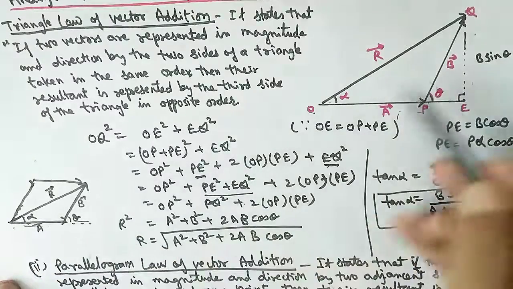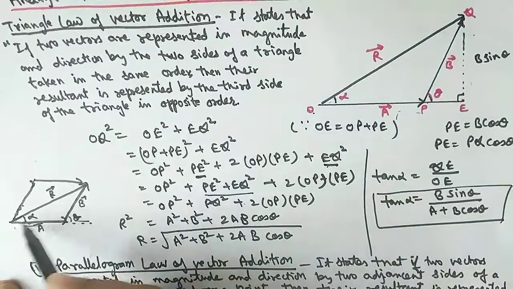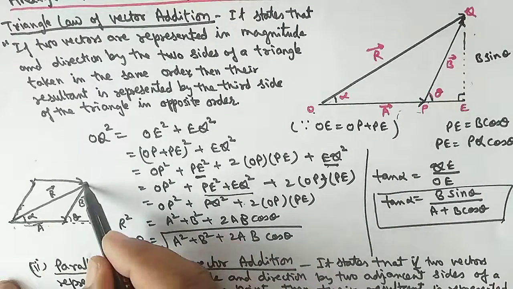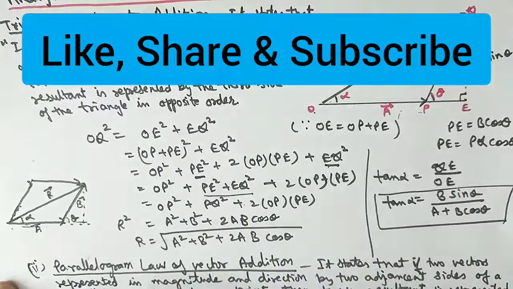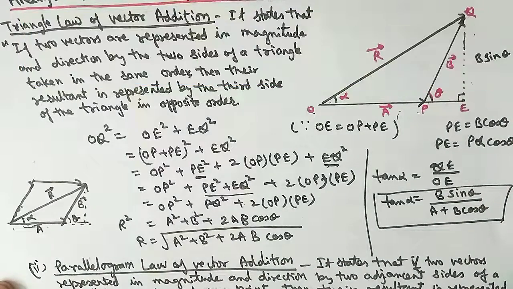So what is the difference? Almost the same diagram. This A, B, and this is the angle theta. So we can find the same formula in the same way for the parallelogram law also. So no difference.